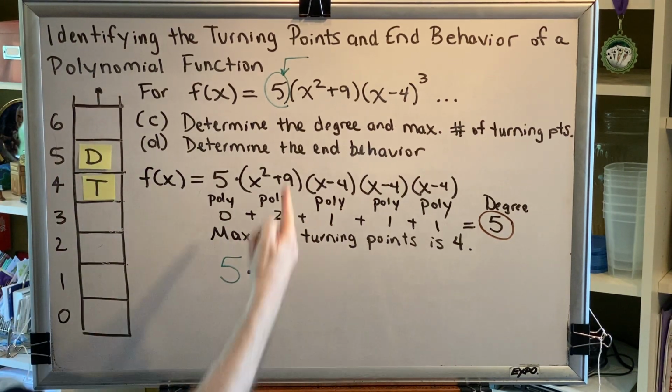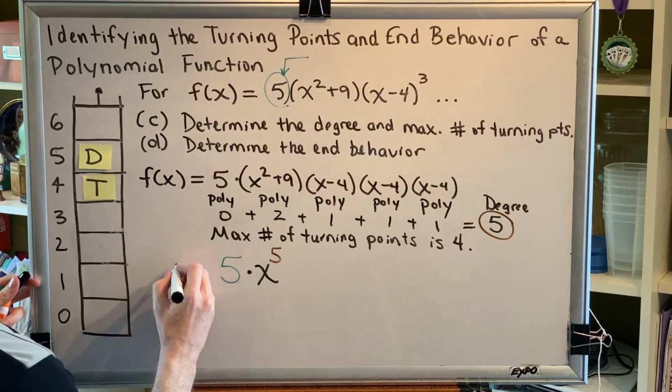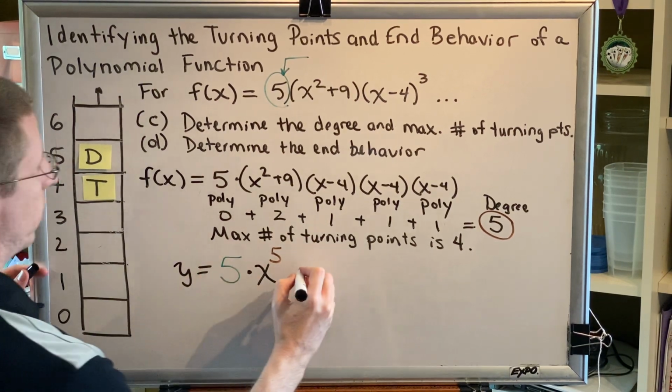If you were to multiply all of this out, your highest degree term would be 5x to the 5th. This is the end behavior. The only thing we need to do now is put a y equals in front of it.